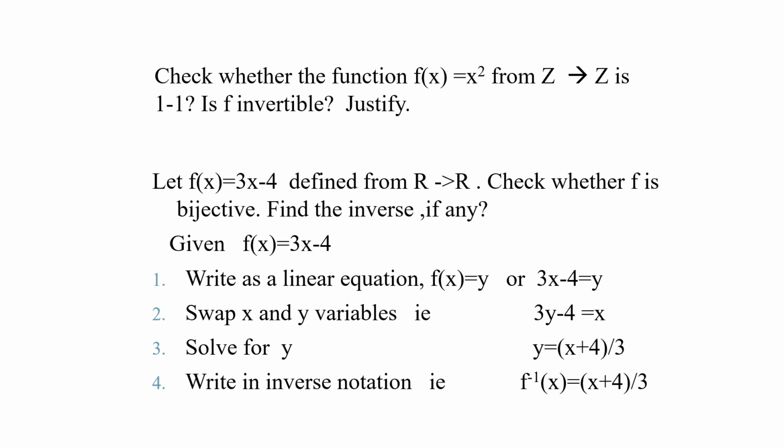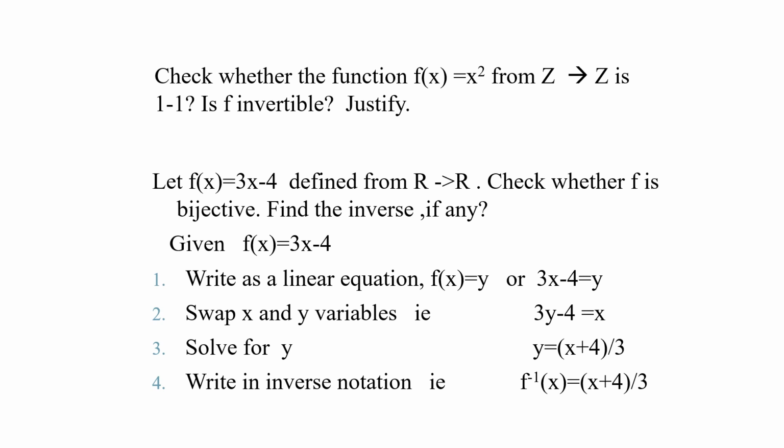The first step is you have to write the given function as a linear equation f of x equal to y, or you can write 3x minus 4 equal to y. Second step is you have to swap x and y variables. Then you will get 3y minus 4 equal to x. The only thing that I have done is I have replaced x with y and y with x.